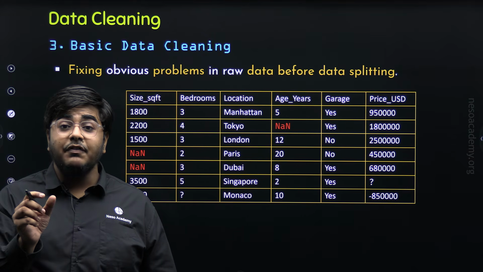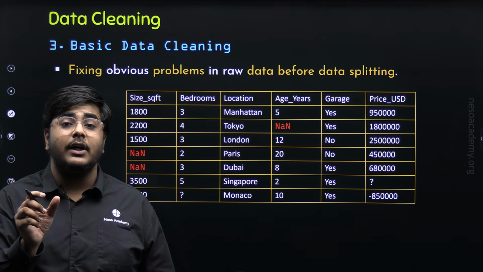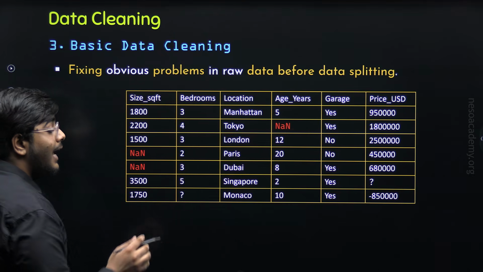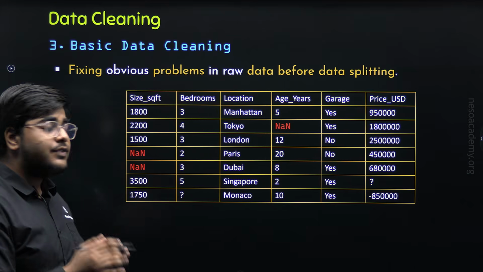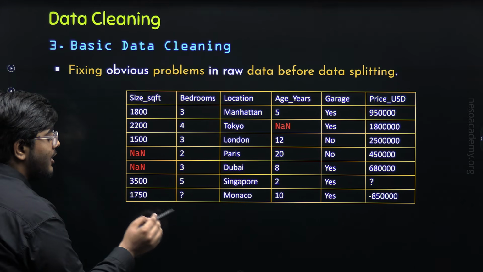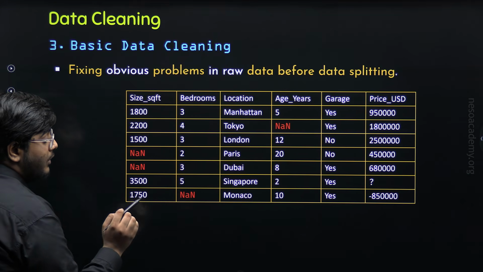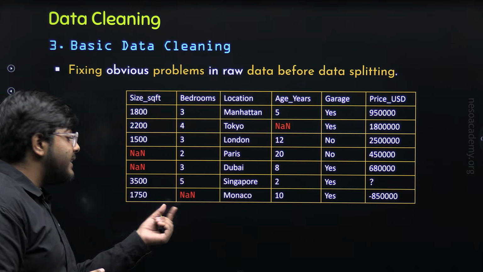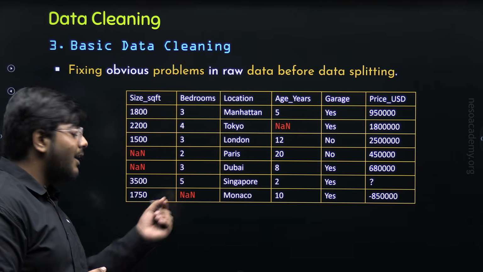But if the cell contains a placeholder like question mark, then it will be considered as a text. That is why we need to replace this question mark with NaN so that Python libraries can detect this as a missing value or not a number.